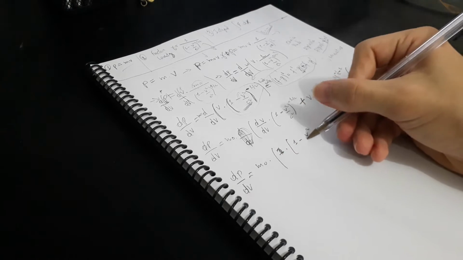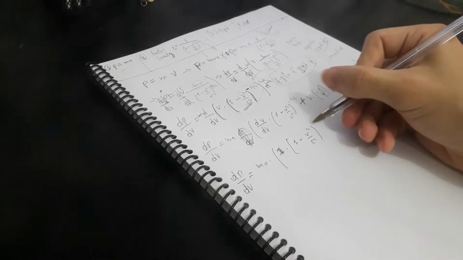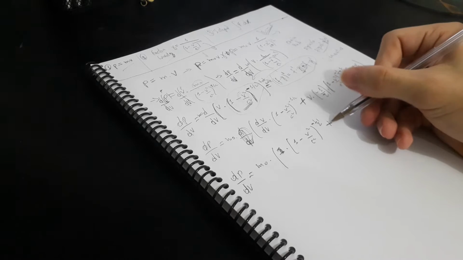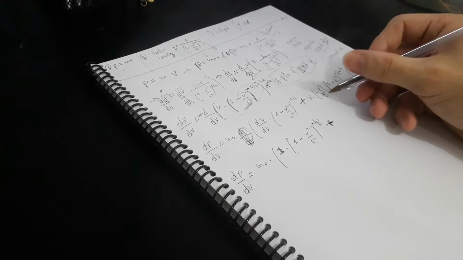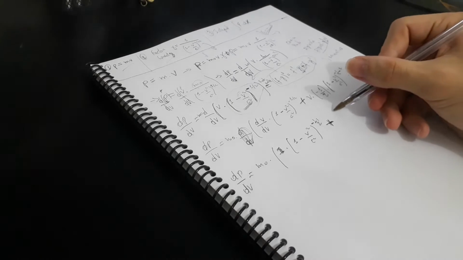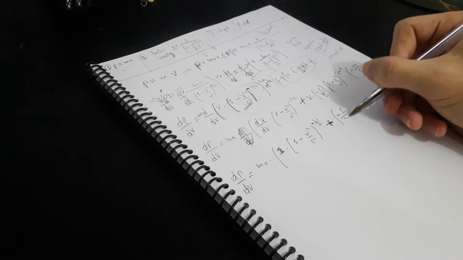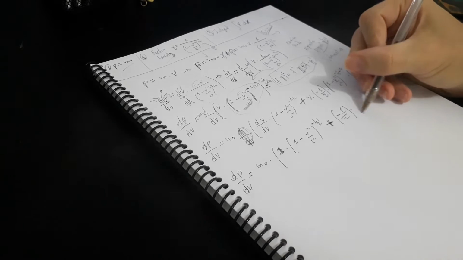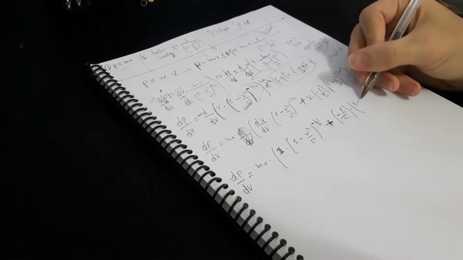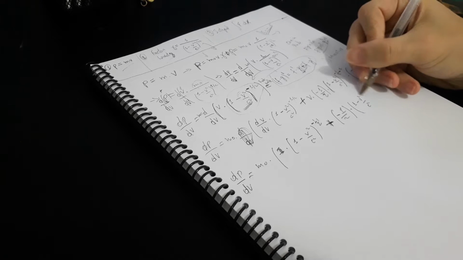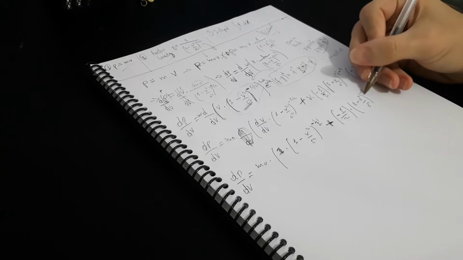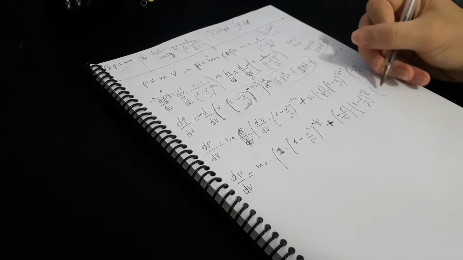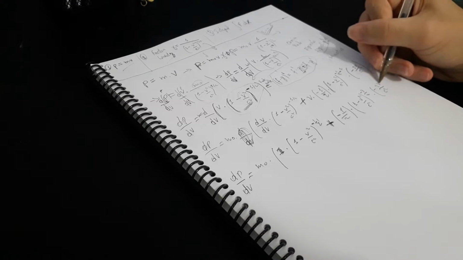1 minus v squared over c squared, minus 1/2, plus... I will just repeat what I have done here, times this part of the function, which is minus 3/2 plus this 2v over c squared.